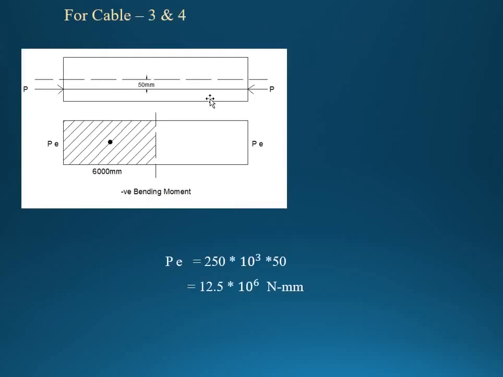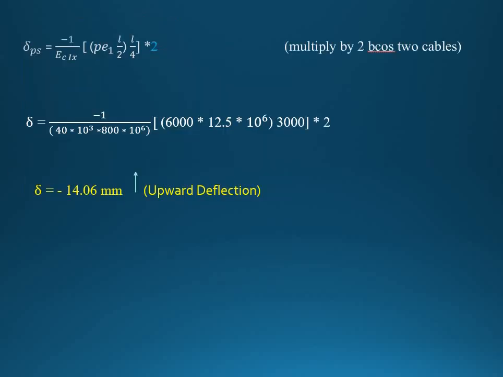Here the third and fourth cables are in the same position. So while calculating the deflection, don't forget this 2. Okay, so multiply the formula by 2, substitute all the values, and we will get delta equal to minus 14.06 mm, and the deflection is upwards.